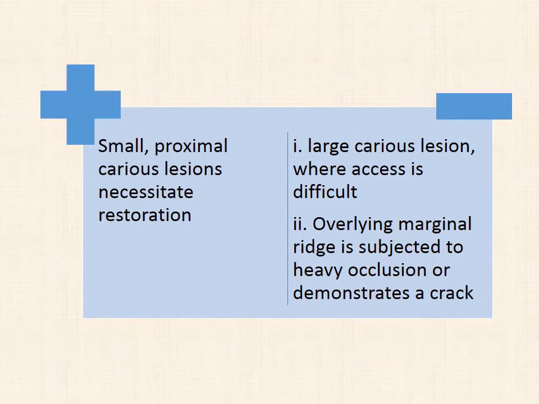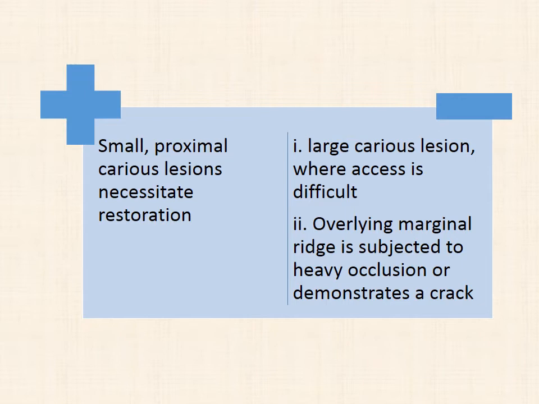The advantage of tunnel preparation is that it can be used in small proximal carious lesions which necessitate restoration. The disadvantages: in large carious lesions where access is difficult, the tunnel preparation cannot be used, and it cannot be used if the overlying marginal ridge is subject to heavy occlusal load or demonstrates a crack.